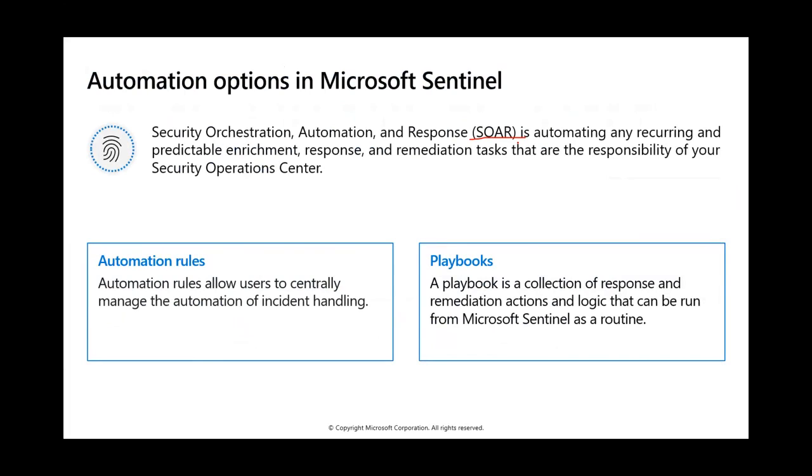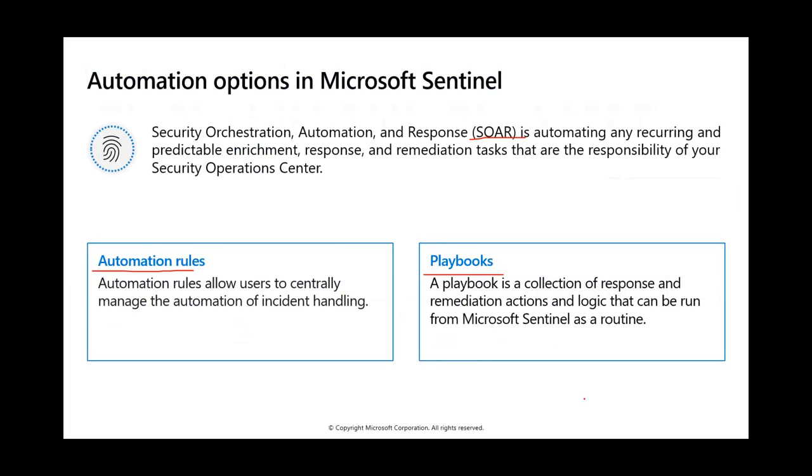To automate, we can specify in Sentinel how it is going to react to certain conditions, on detections, for example. There are two options. We can set automation rules that allow a user to centrally manage the automation of incident handling, or we can use playbooks.